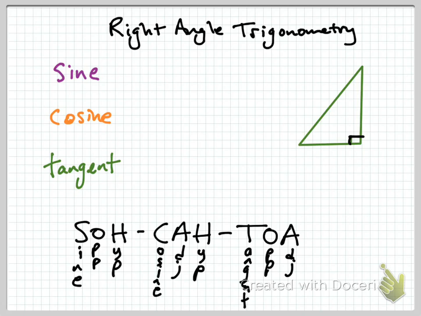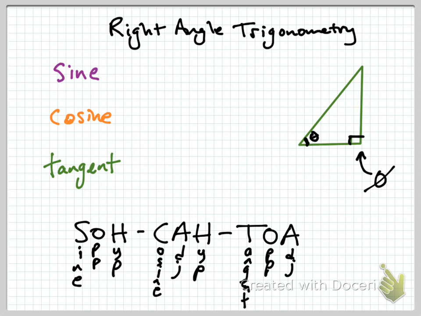So if I just pick an angle, we're not going to talk about the right angle, because for the right angle, it's hard to talk about adjacent versus opposite. But let's say I'm talking about this angle here.